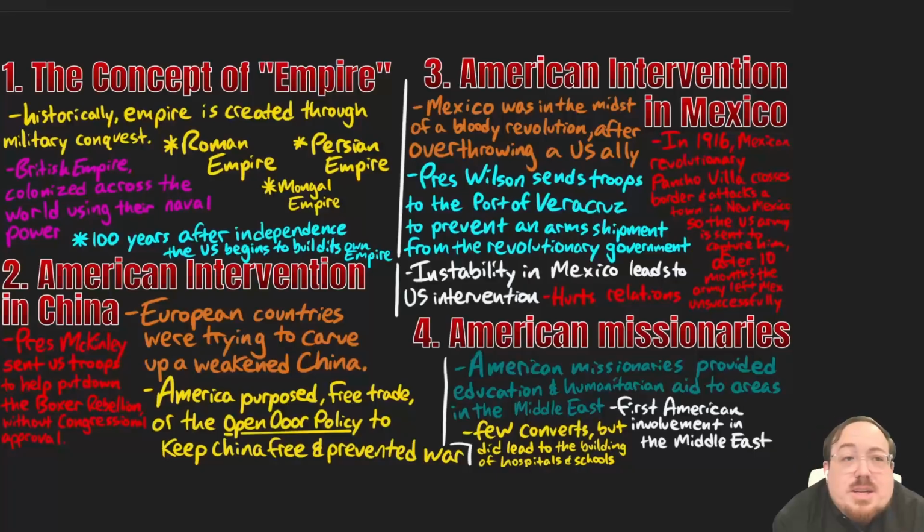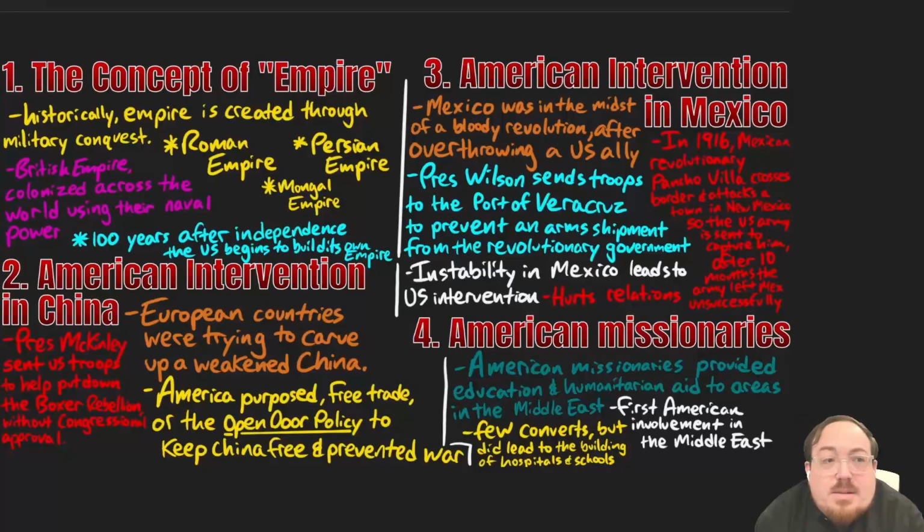And now, 100 years after our independence, it's time for us to build up our own overseas empire. One of the first couple ways we step out is in intervening in a potential war in China. China has become very, very weak, partially due to European involvement.